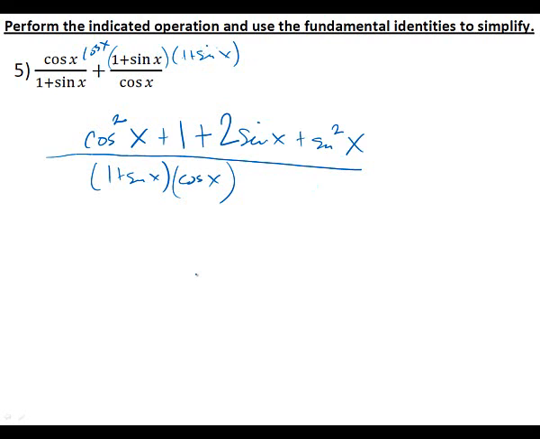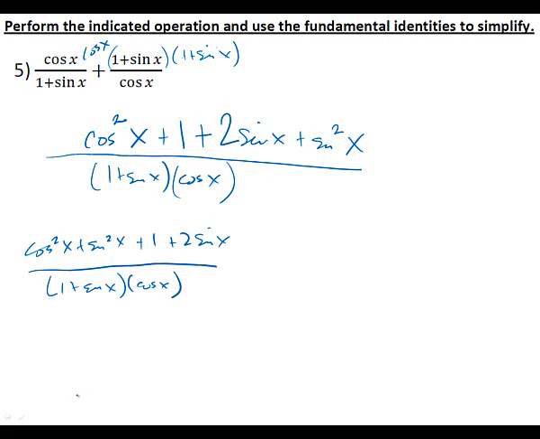All right, I'm going to rearrange it so you see it. You don't necessarily have to do the rearrangement, okay? So I'm going to put my sine and my cosine together. So cosine squared x plus sine squared x plus 1 plus 2 sine x. Our goal is to get this as simple as we possibly can. What is cosine squared plus sine squared? 1.